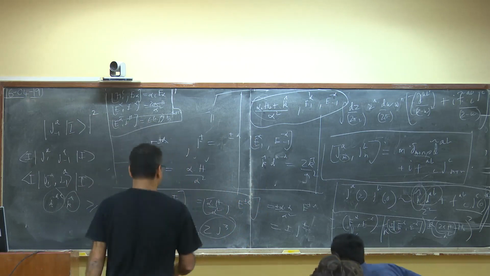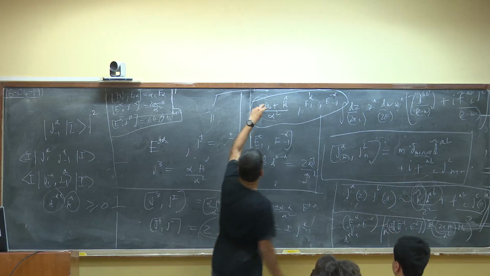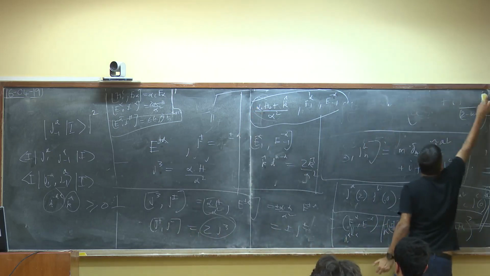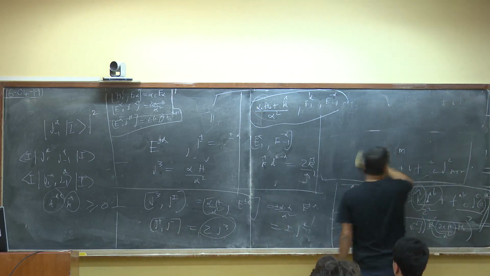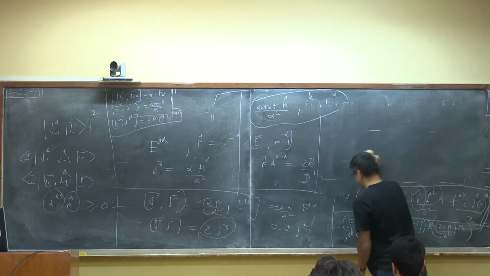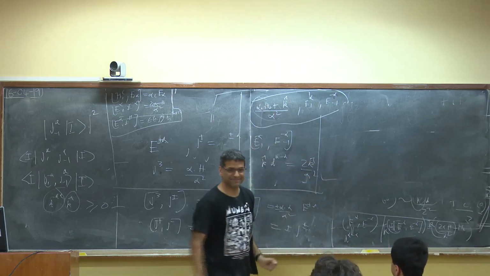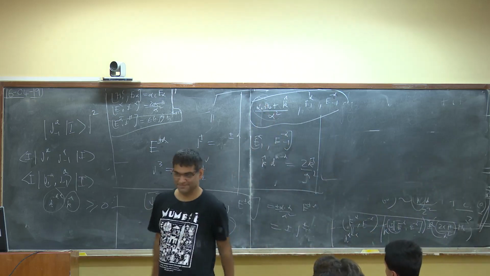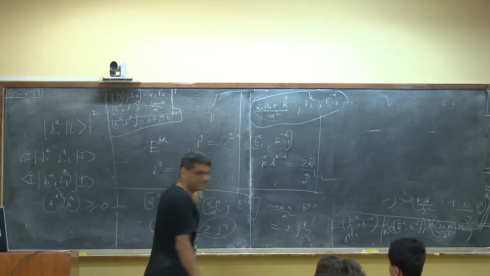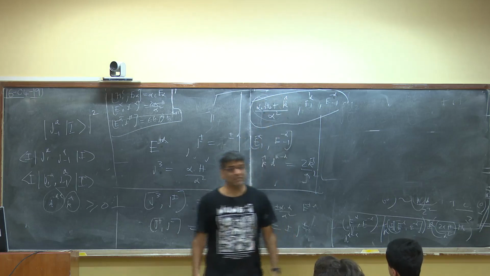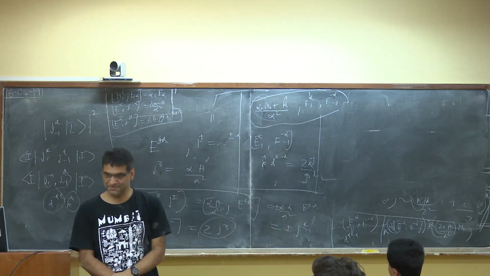By SU2 algebra, this J3 has to be quantized. Exactly. Now, half. Now this quantity by itself is J3 of some SU2 algebra, namely this one. But this quantity is also J3 of some SU2 algebra.